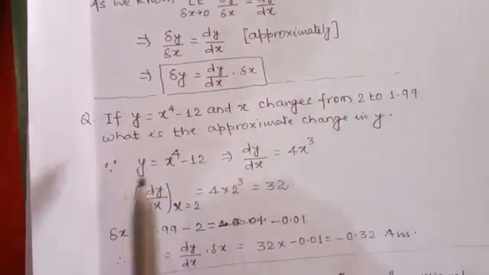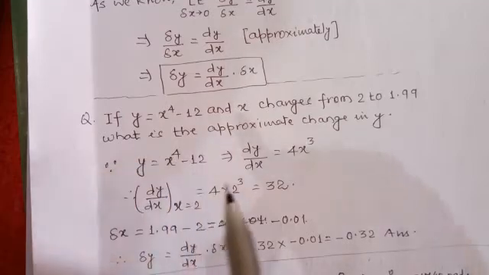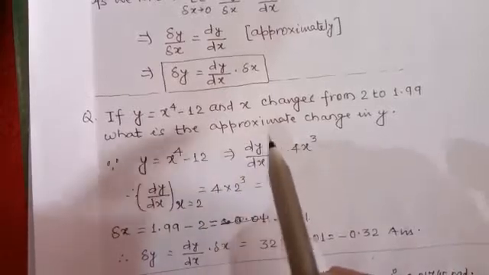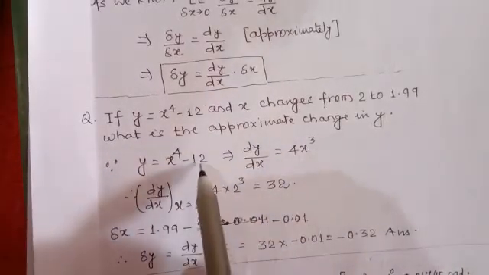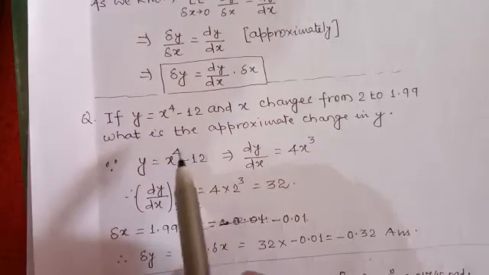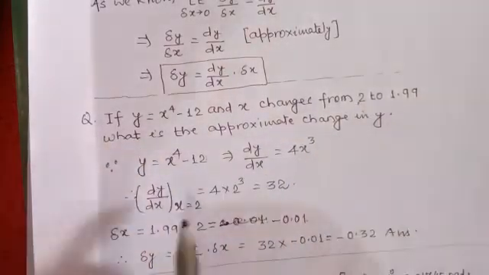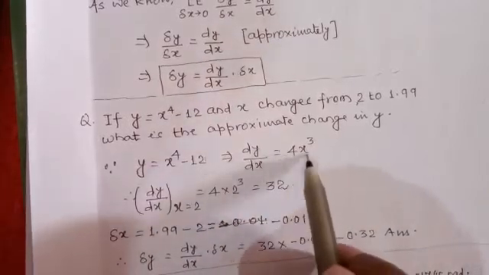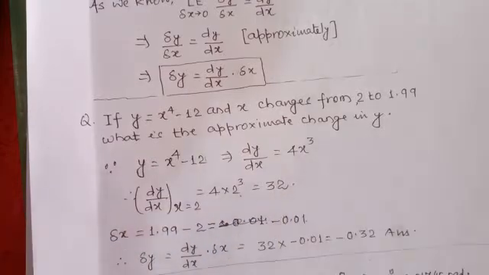So first, as usual, consider y is equal to x to the power 4 minus 12, differentiate it with respect to x, then dy by dx is equal to 4x cube. 12 being constant, its differentiation is 0. Now calculate dy by dx when x is equal to 2. So dy by dx when x is equal to 2 is 4 into 2 cube, which is 8, and 4 into 8 is 32.